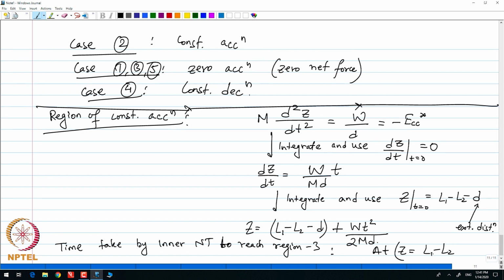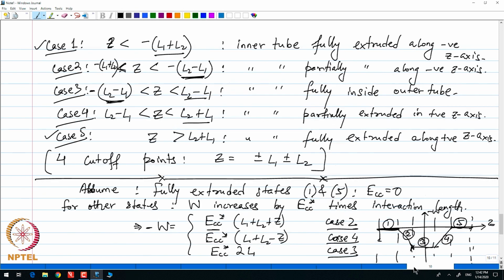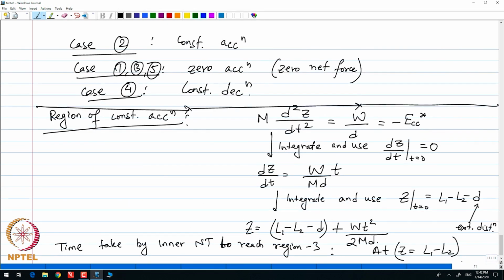To reach region 3 from region 2, the center of the nanotube must have travelled a distance of L1 minus L2. This comes directly from our description of the cases. So the cutoff point is L1 minus L2 going from case 2 to case 3. We plug in that value of z and find out how much time is taken by the oscillator to stay in region 2.